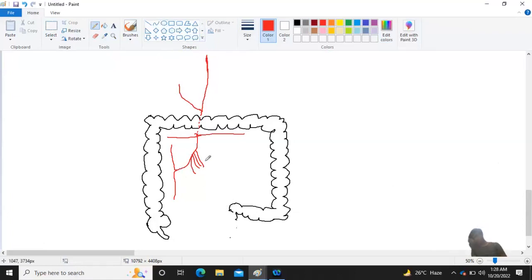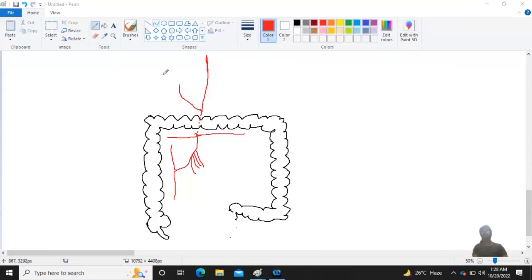Then the inferior branch. This is the inferior pancreatoduodenal artery, not gastroduodenal.